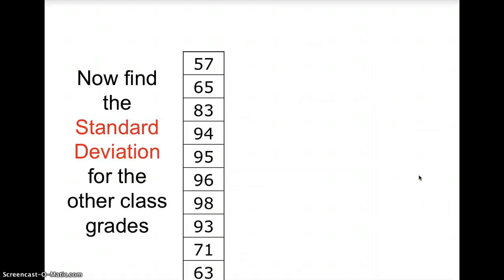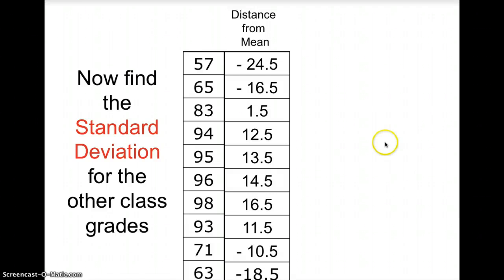So let's do it again for the second class. Here's the values for the second class. The average we know was an 81.5. So we have to take 57 away from 81.5 and we get negative 24.5. Take 65 away from 81.5 and we find that it's a negative 16.5, and so on.